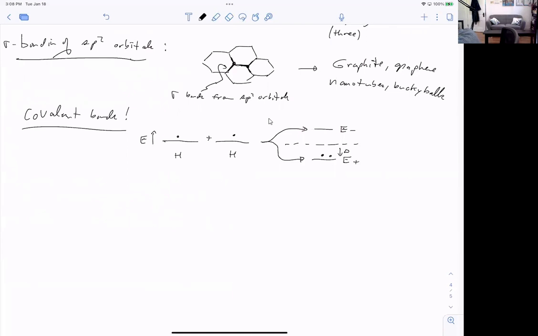But what if instead of hydrogen, I had started with H minus and had 2 electrons, and another H minus with 2 electrons? Maybe I'll do a different picture to make it more clear. So this is a bond because we get a lowering of energy.